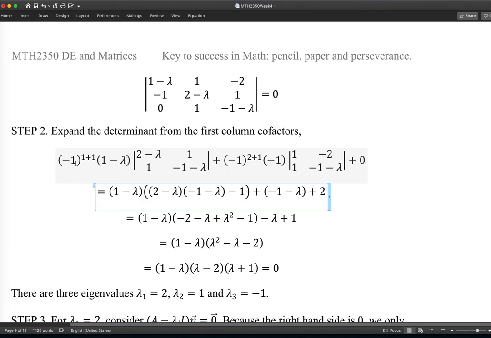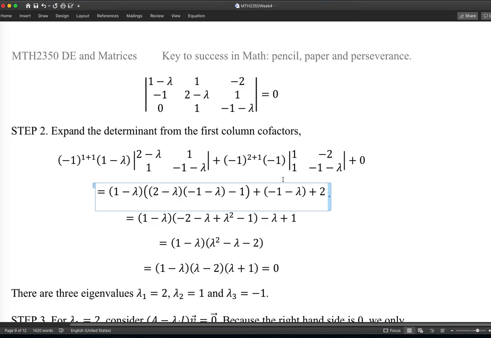And this is 1 minus lambda here. The determinant is the diagonal minus the back diagonal. For the second part, this is a negative, but there's another -1, so it still tends to be positive.